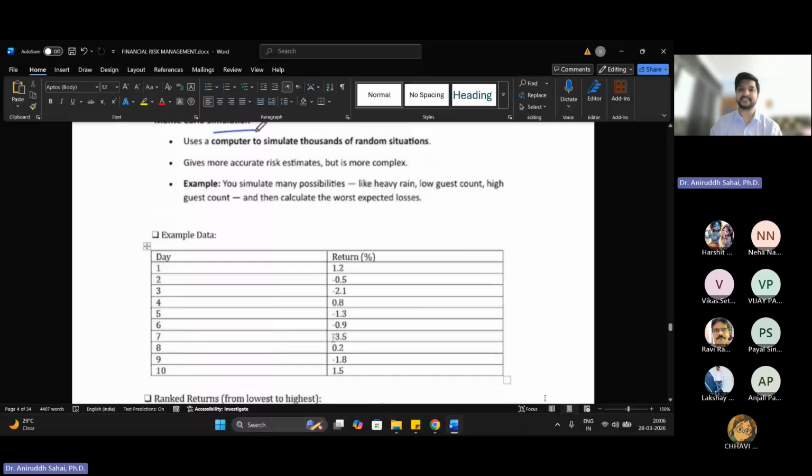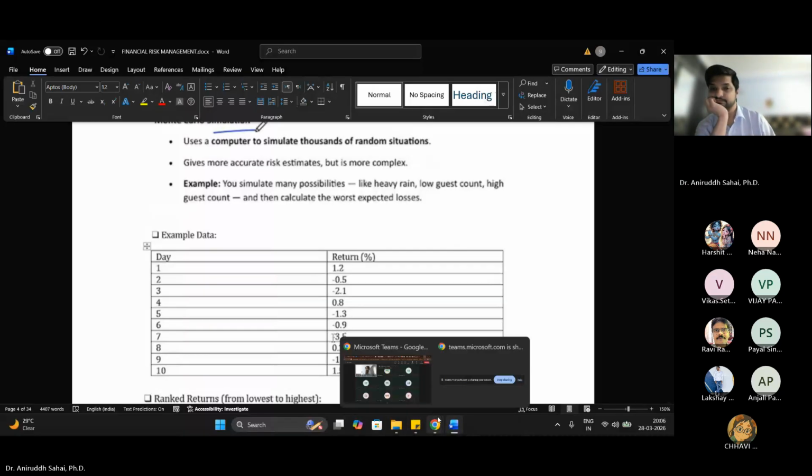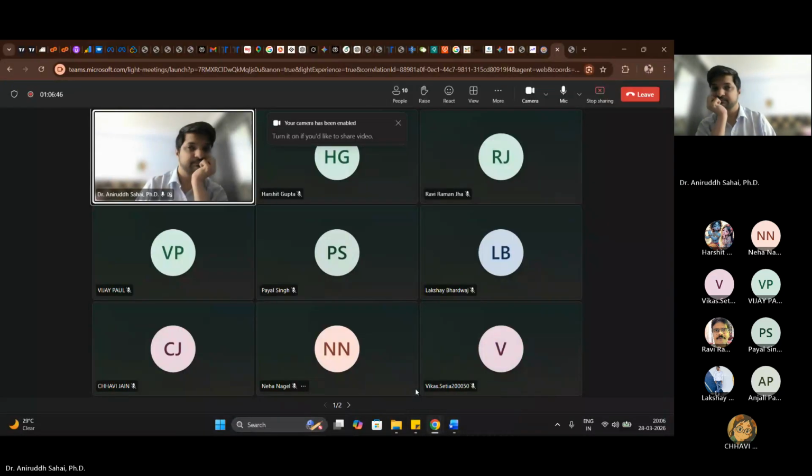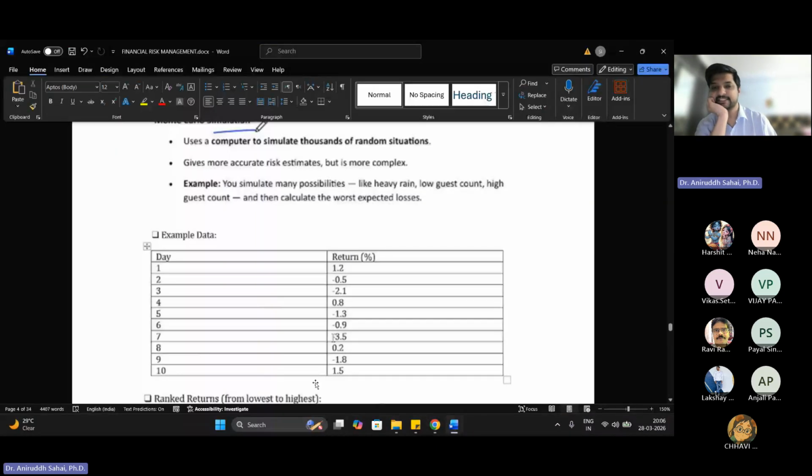By looking at this table, can you answer this? Look at this table and answer the question. ये तो बिल्कुल very logical question, very common logical question.